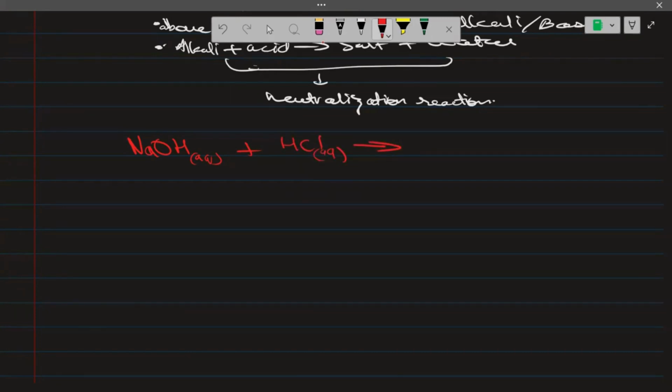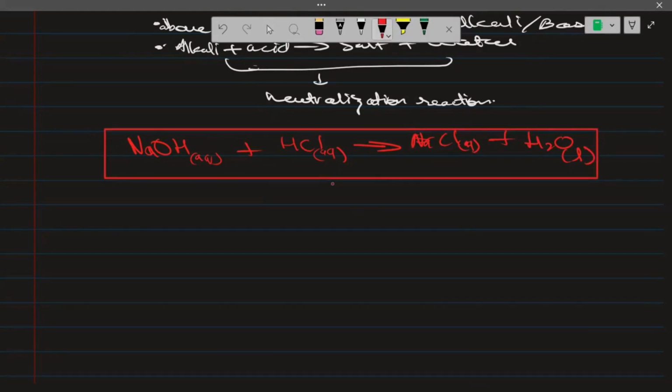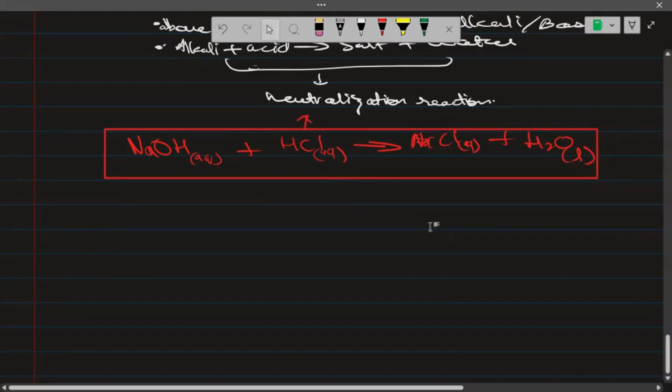When they react, what do they form? Salt. Sodium chloride is formed, which is also known as table salt. So NaCl is formed, aqueous, plus H2O, water, which is liquid. This is an example of a neutralization reaction.